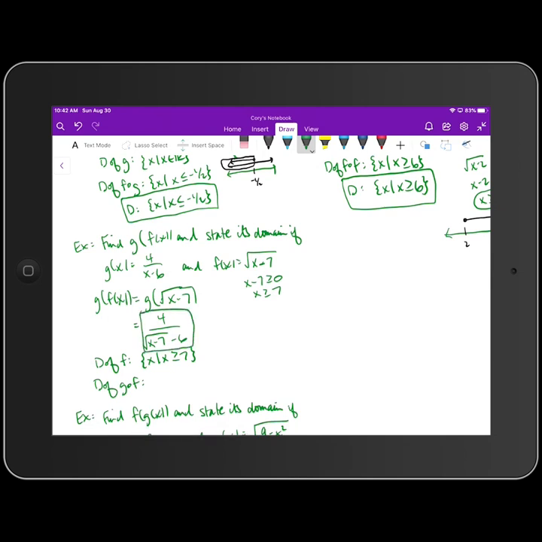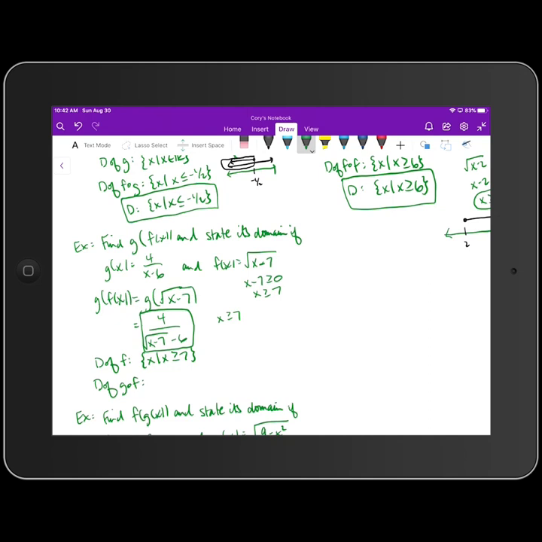So if I want to calculate the domain of that composite function, there are 2 things that I have to worry about as far as the domain is concerned. Number 1 is that the argument of the square root function has to be greater than or equal to 0. Okay, which we already showed for that to be the case that x would have to be greater than or equal to 7.